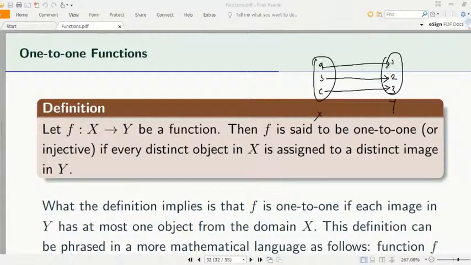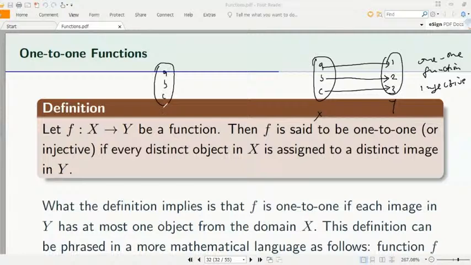One object has one image, another has one image, another has one image. If the objects are different, then the images are also different. So this is a one-to-one function, which we also call an injective function.